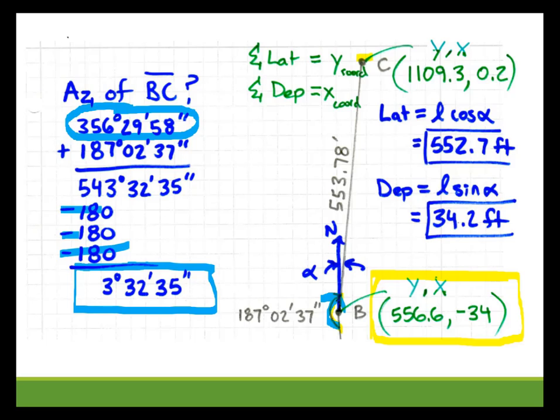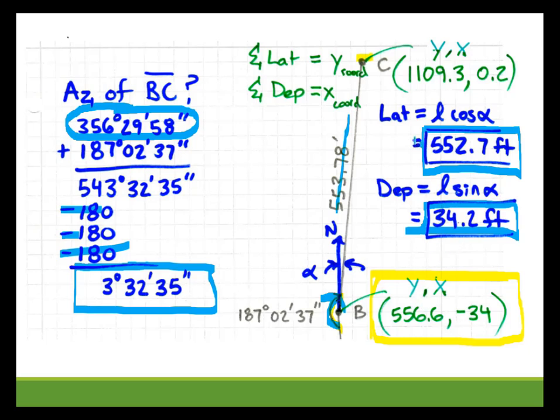Then I calculate my latitude and departure by using the length of the line and the azimuth that I've computed. I get a latitude of another 552.7 feet going towards the north and a departure of 34.2 feet. It's positive this time, so that means it was going towards the east.